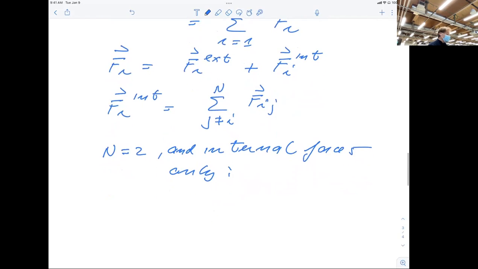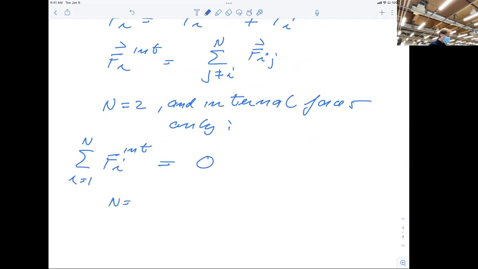What we found in that specific case is that if we sum up all the internal forces, the sum over i equal 1 to N of F internal, we could show that this sums up to 0. We looked at the case with N equal to 2.